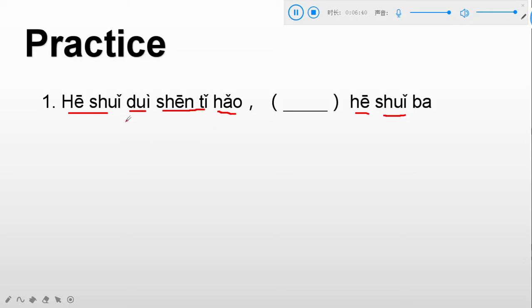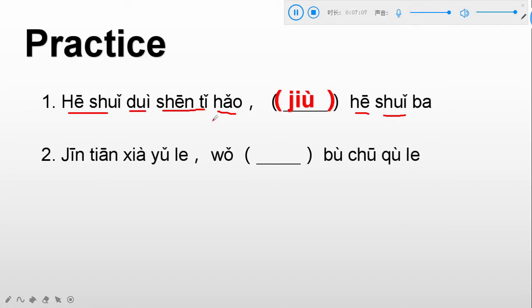So the first clause we can say: drinking water is good for your body. 喝水吧, drink water. Which word do we use here at the beginning of the sentence? We had better use 就, which indicates resolution. 就喝水吧.